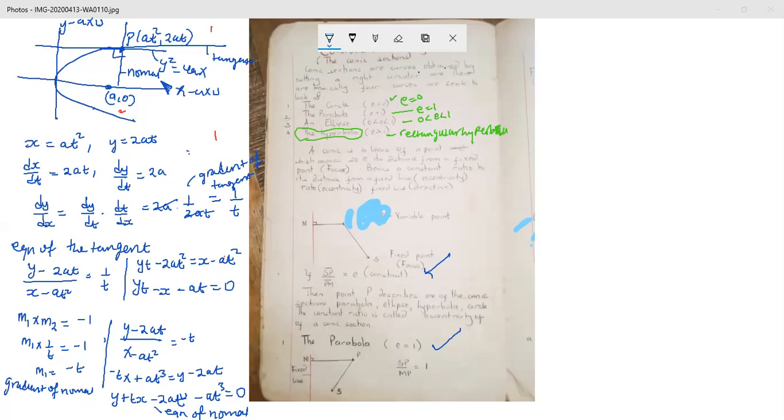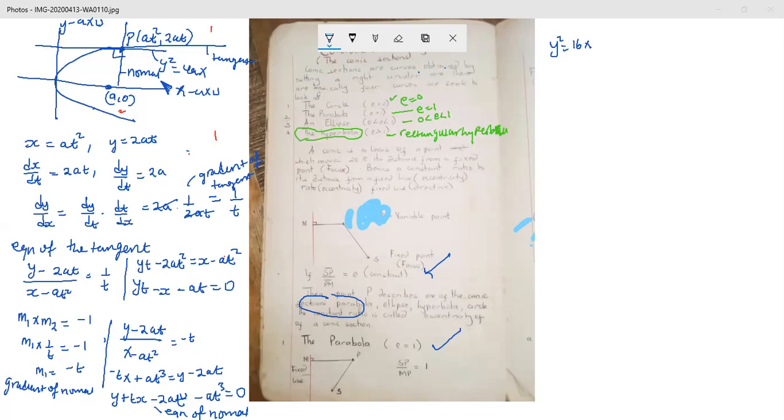Now, if you look at these examples down here, they are saying find the focus and the directrix of the following parabolas. Okay, I did not talk about the directrix. But now, if you have y squared is equal to 16x, the directrix is that line which passes through the what?